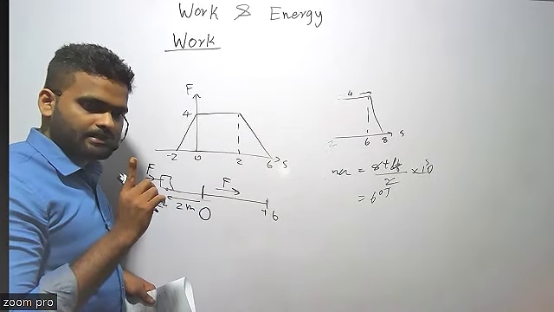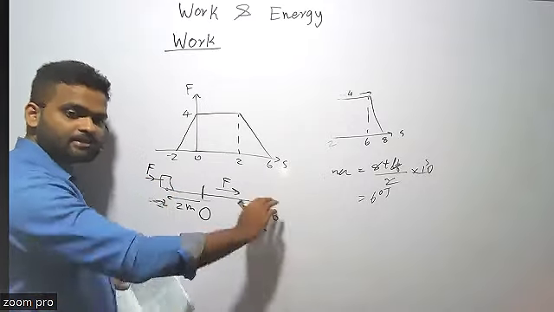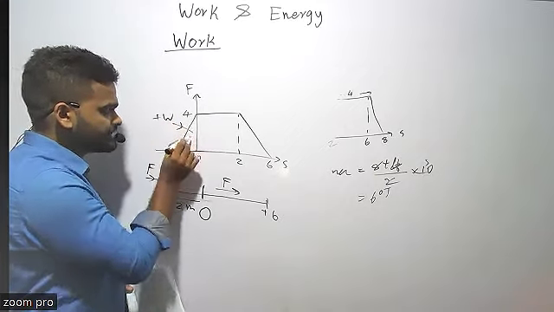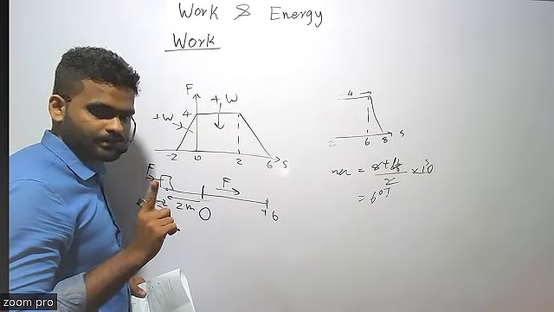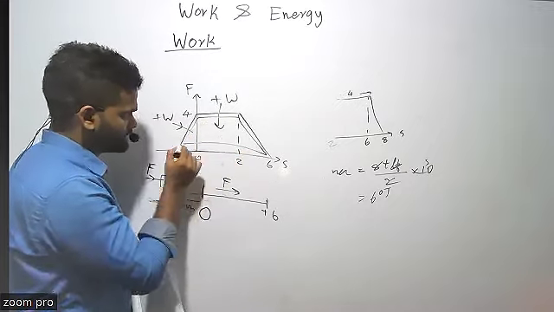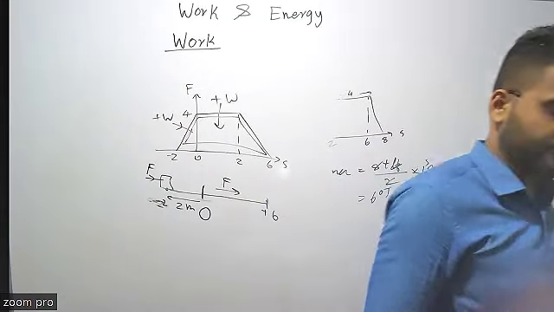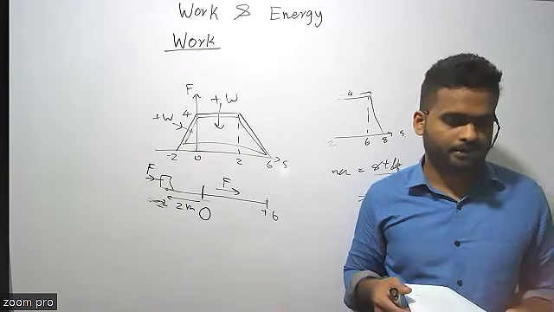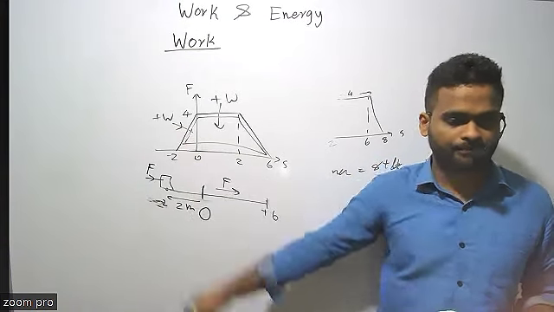What you have to understand here is that all the time the force and the displacement are to the same side. So both are positive work. This is positive, this also is positive. That you have to understand. Meaning you just have to take the whole area as the work. You just have to find the area of the trapezium. This is not a negative area, this is a positive area.